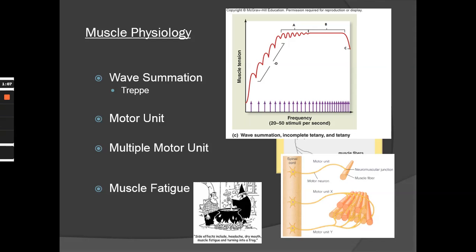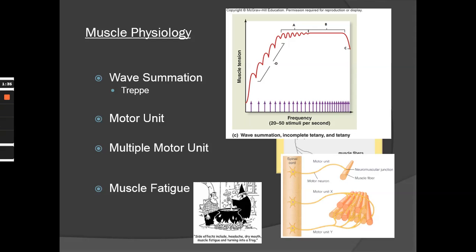How is that muscle going to react, as far as force goes? What we see as a result of wave summation is something that's called treppe. Treppe is a funny little word, and it represents a staircase effect.